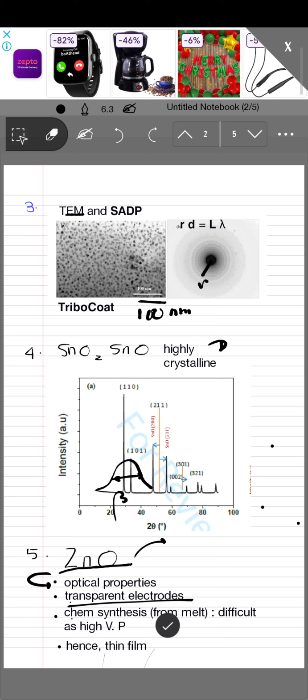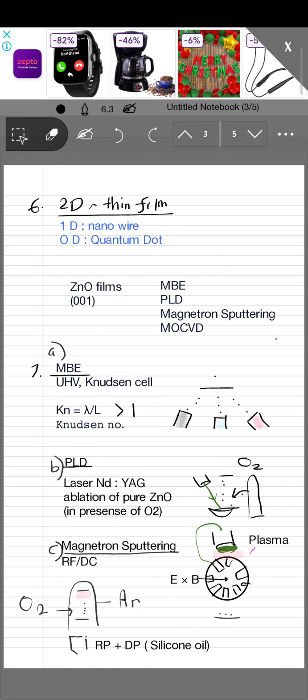So preferably for device fabrication and sensing, zinc oxide is deposited in the form of a film or a thin film, which is a two-dimensional nanostructure. Here a thin film is a two-dimensional nanostructure, as a one-dimensional nanostructure would have been a wire and a zero-dimensional one would have been a dot.